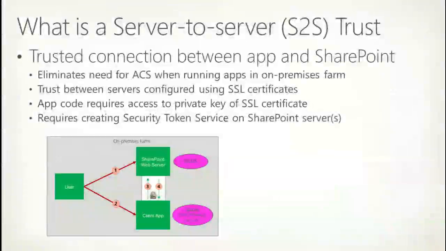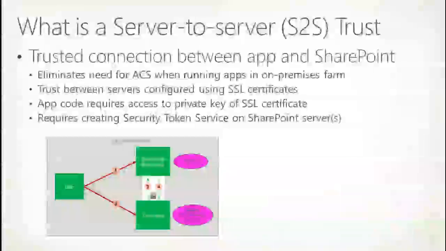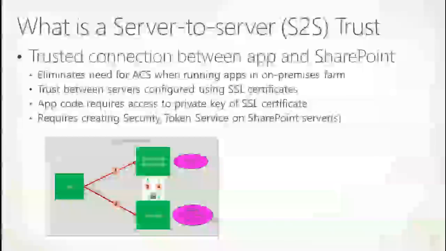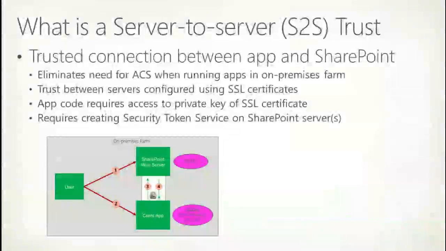One big thing that differentiates S2S authentication from OAuth authentication is that OAuth passes this big context token with all this information. With S2S, you don't get passed anything. There's no context token. There's no communicating with ACS. Instead, right there on the server that runs the remote web is everything it needs to build the access token and pass it to SharePoint, where SharePoint can authenticate it.